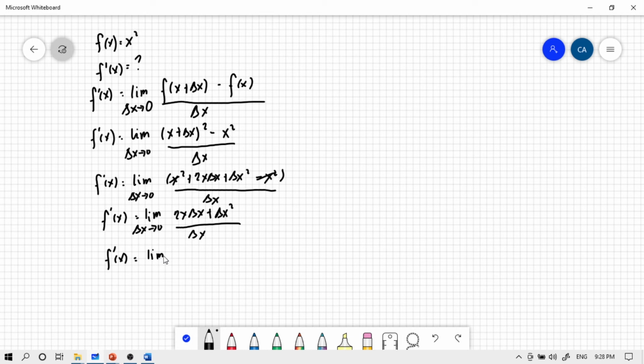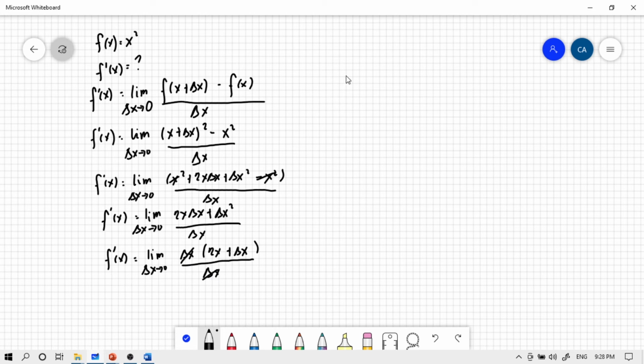the limit of, ilabas natin si delta x times the quantity 2x plus delta x divided by delta x as delta x approaches 0. So delta x magkakancel.